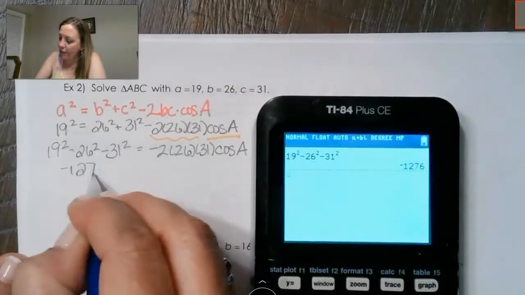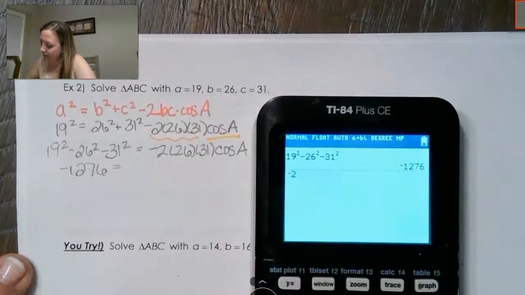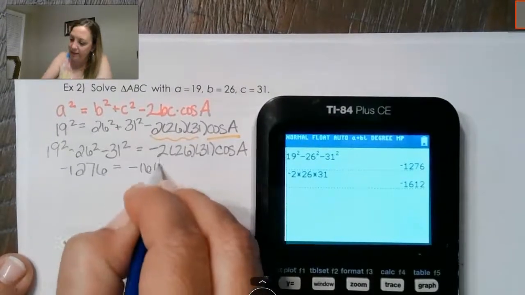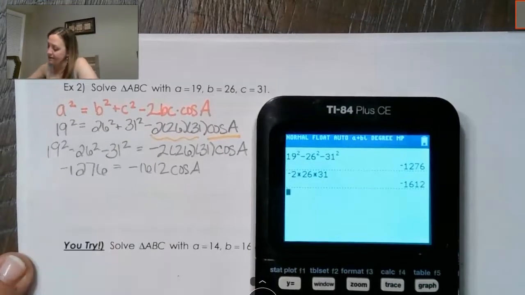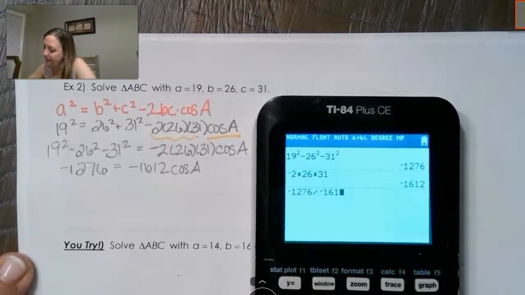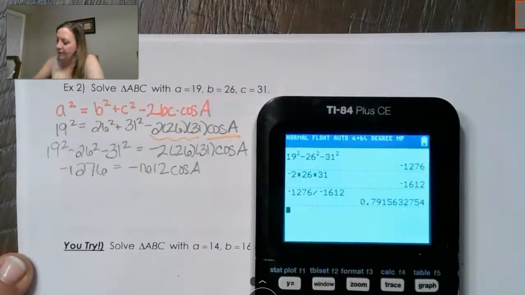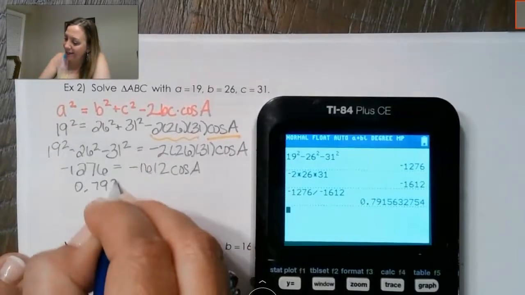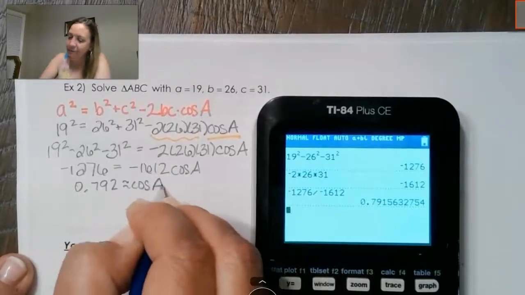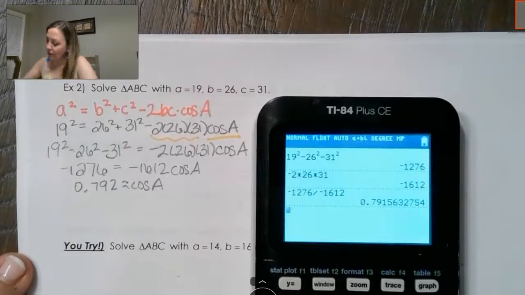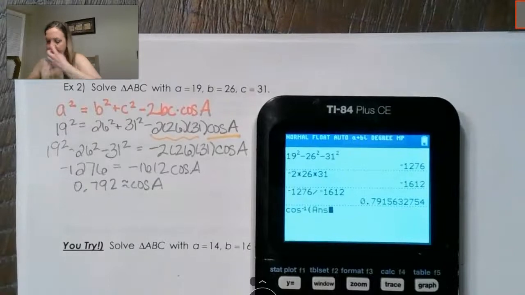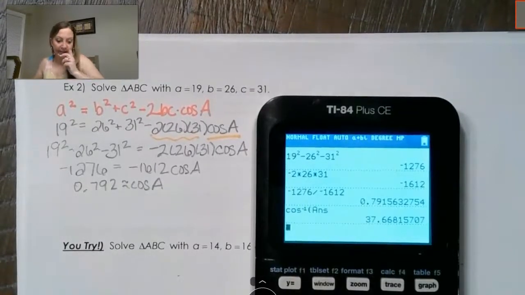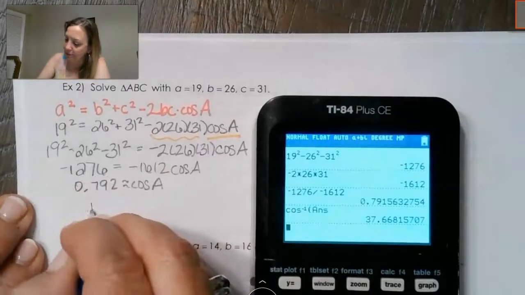So we're going to take 19 squared minus 26 squared minus 31 squared. That gives me negative 1276. Then I have negative 2 times 26 times 31, that's negative 1612, times the cosine of A. So now I can divide negative 1276 by negative 1612 to get about 0.792 is the cosine of A. To isolate A, I'll take the inverse cosine of that result, and I end up getting about 37.7 degrees.